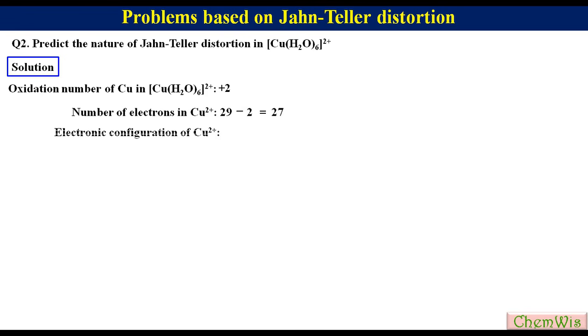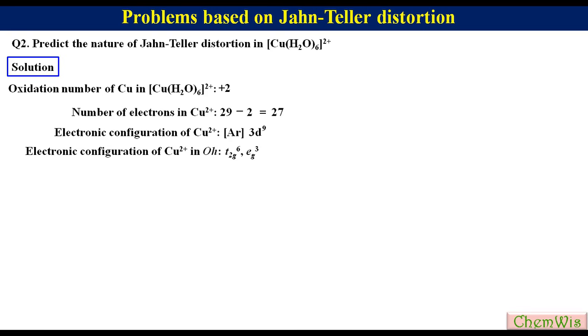To find out the electronic configuration of copper 2+, write [Ar] 3d. Ar has 18 electrons, so the remaining electrons that will enter the d orbitals will be 27 minus 18 is equal to 9. So this complex is a d9 complex. Electronic configuration of copper 2+ in octahedral environment will be t2g6 eg3.